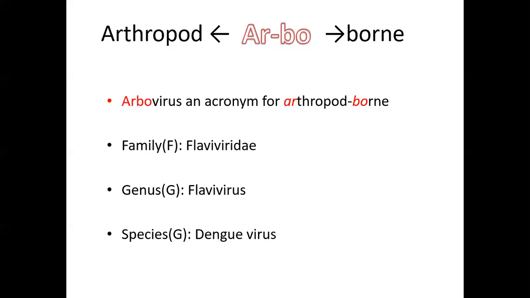So it is the acronym for arthropod borne disease. The family is Flaviviridae, the genus is Flavivirus, and the species is the dengue virus. So it is known as the dengue virus.